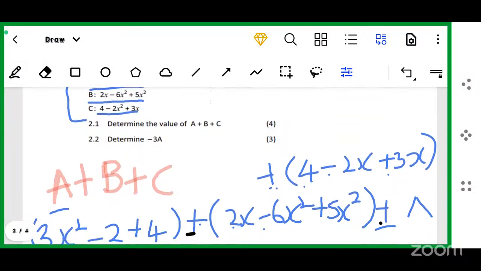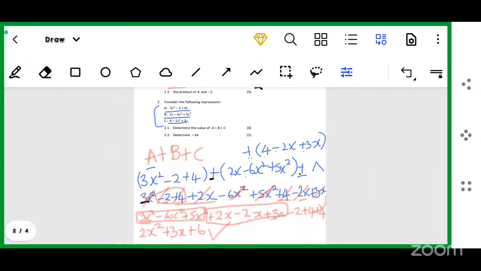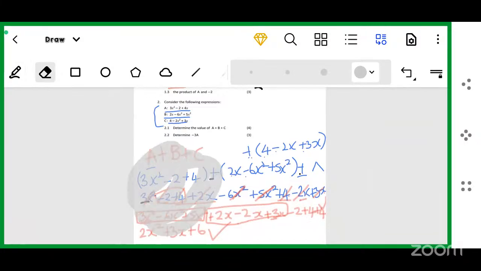So, determine negative 3 multiplied by a. So this one is the same as that one whereby they said determine the product of. So this negative 3a is the same as saying negative 3 multiplied by a. So what you're gonna do is, let me just create this part.